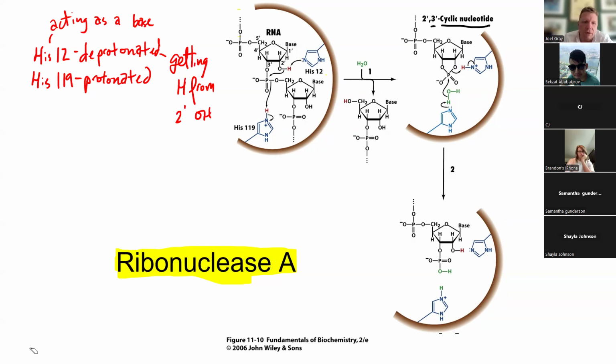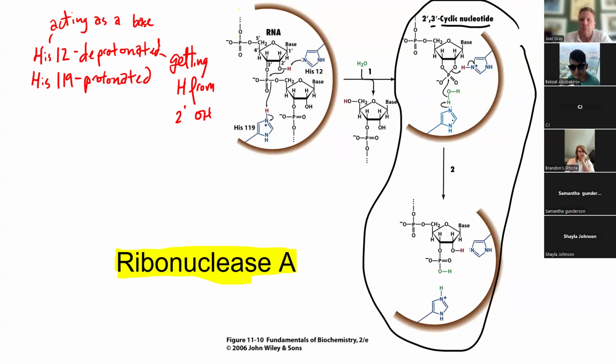Now, everything that is displayed in our right two figures, these right here, well, we've got a water molecule that comes into play. And what's that water molecule going to do? It's going to help us basically break this ring right here, this 2' 3' cyclic nucleotide.